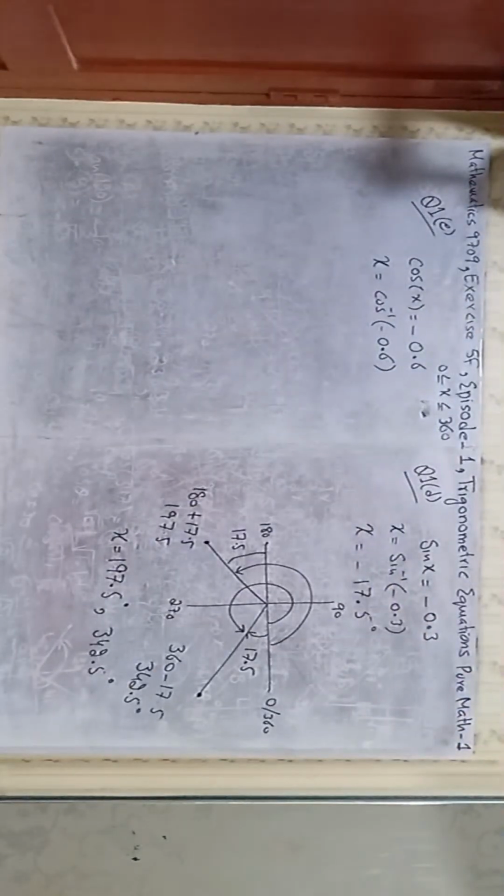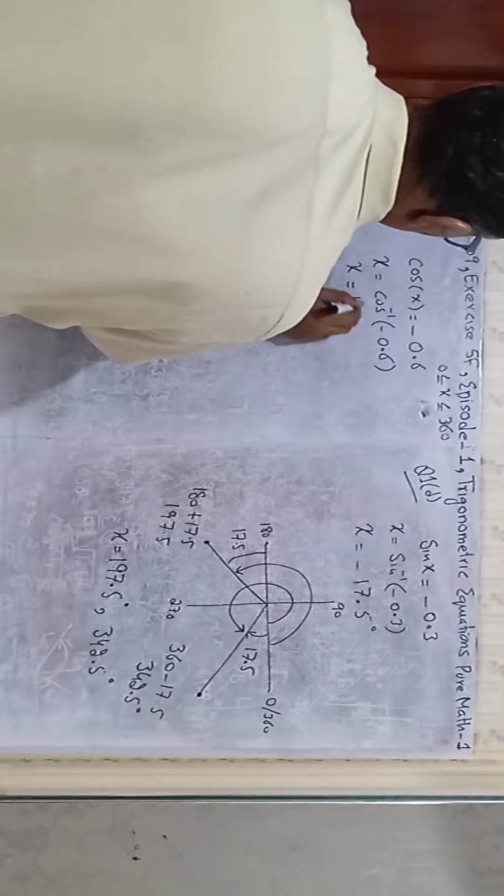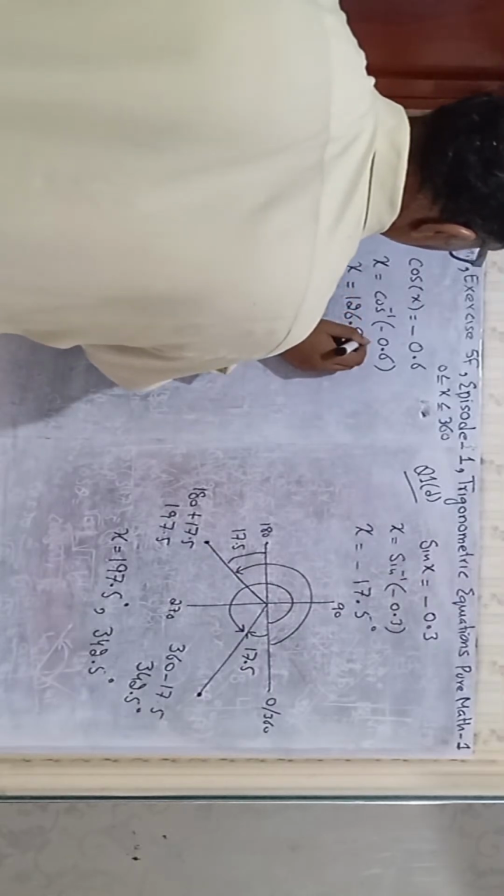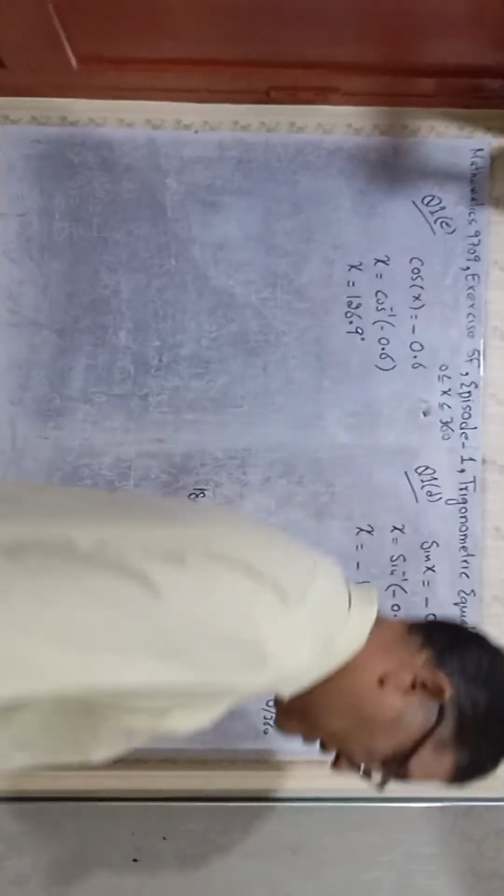On the calculator I press shift cos, bracket, minus 0.6, bracket close, equals. It gives me an angle of 126.9.